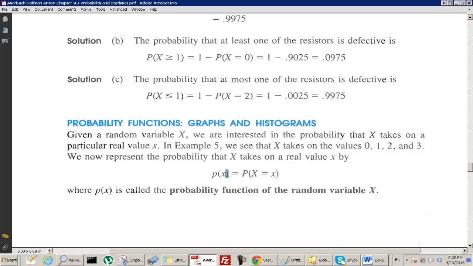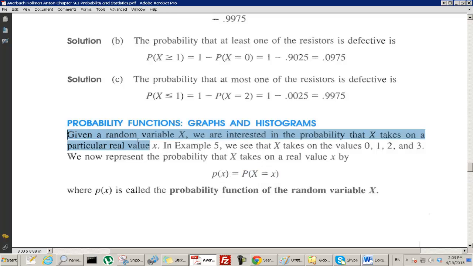So instead of writing the probability that x equals 2 like this, we'll say little p of 2. And if we just want to be general and say the probability that x equals some particular value little x, we'll write that like this, p of x. So we're going to start out with that.